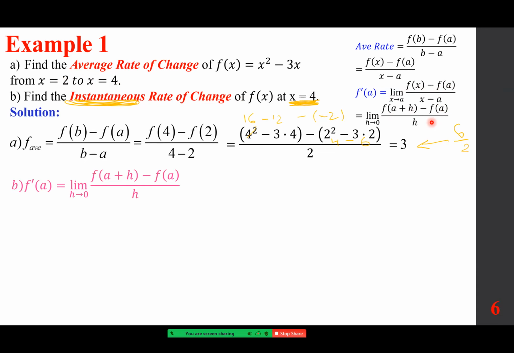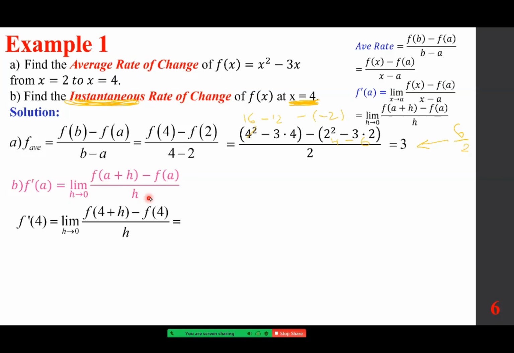If we stick with the second one, which is used more often, a is 4. So f prime of a becomes f prime of 4. Limit as h approaches 0 of f of a plus h becomes f of 4 plus h, minus f of a becomes f of 4, over h.